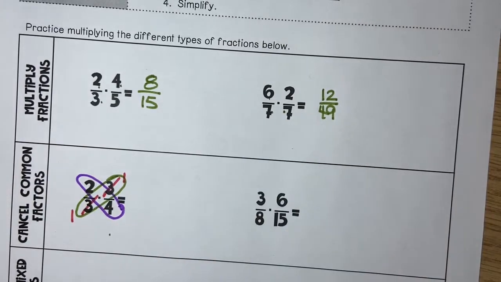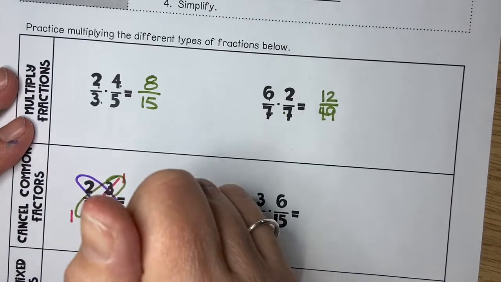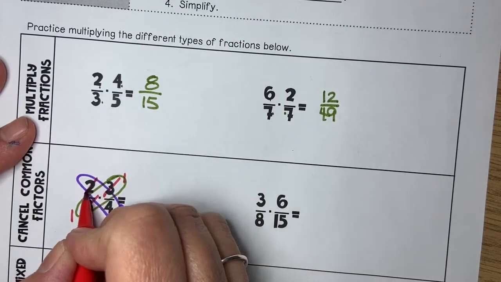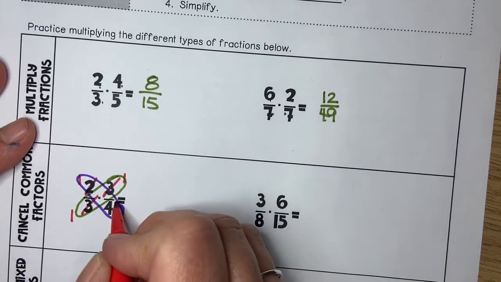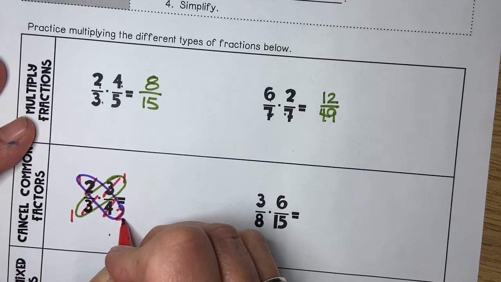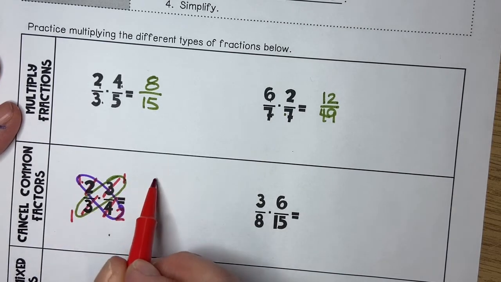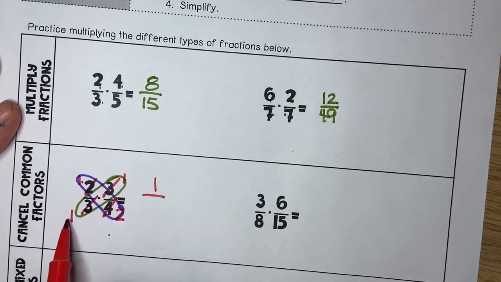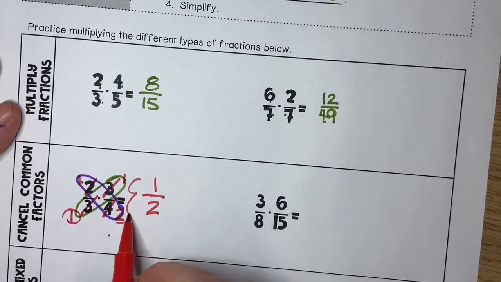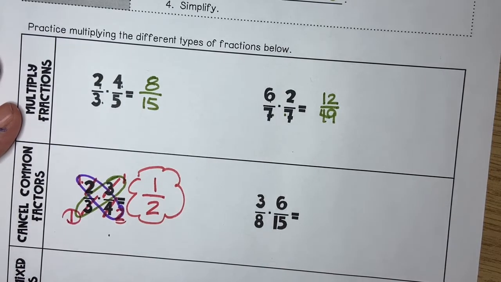Is there a number that goes into 2 and 4 evenly? Well, 2 goes into both of those. So 2 goes into 2 one time. 2 goes into 4 twice. Now when I multiply them out, I do 1 times 1 is 1. My new numerator and new denominator, 1 times 2 is 2. My answer is 1/2. Okay?